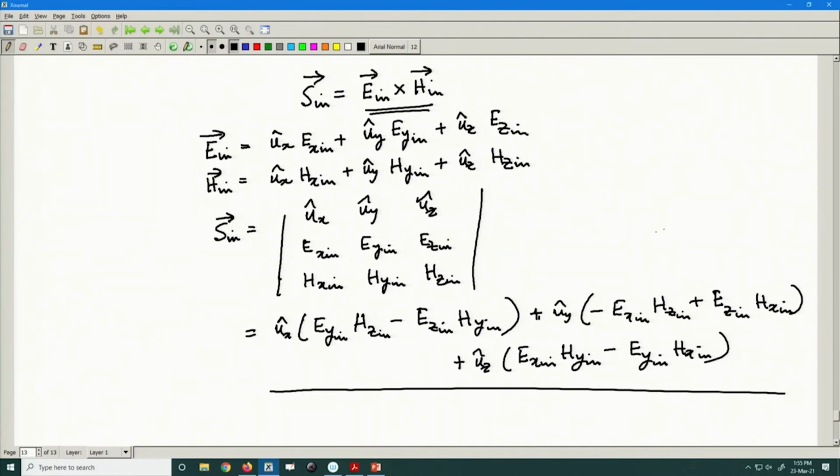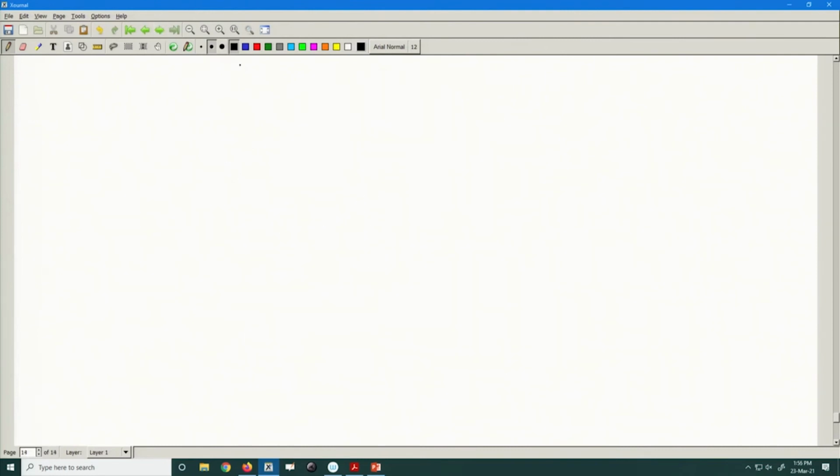It therefore follows that the time average of the instantaneous Poynting vector, which is the time average of E_in cross H_in, will be equal to the real part of E cross H star, as we saw previously.